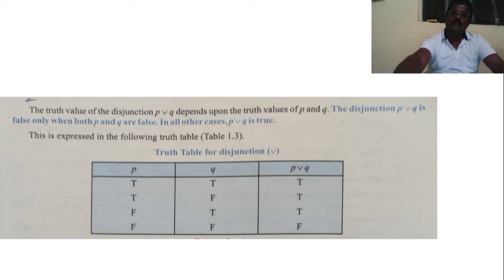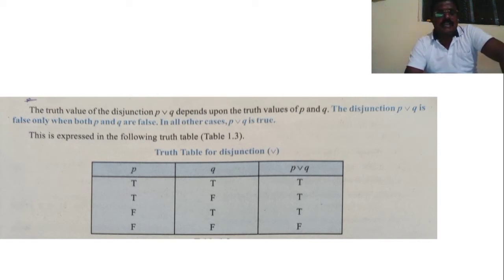The disjunction P or Q is false only when P and Q are both false. In the other three cases, P or Q is true. If the first statement P is false and the second statement Q is false, then its disjunction P or Q is false.